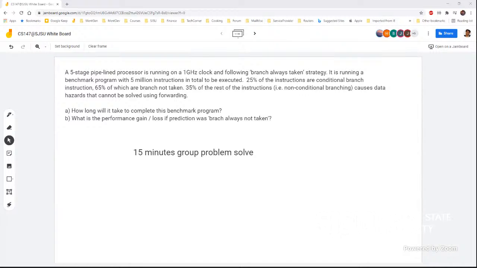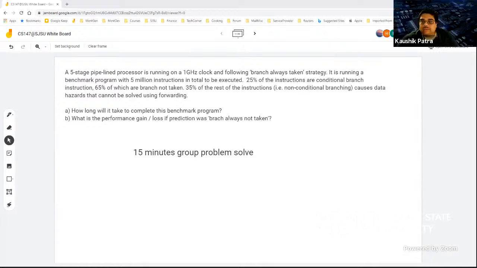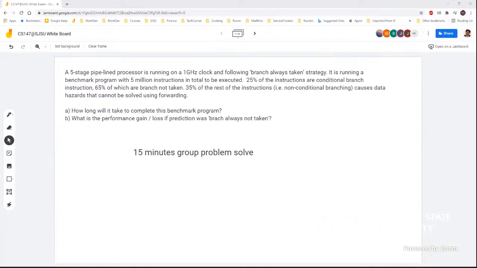Actually, I couldn't get your question quite right. Can you repeat, please? For part B, did you want us to note the difference in the number of instructions, or as a difference in percentage of how many fewer were executed?